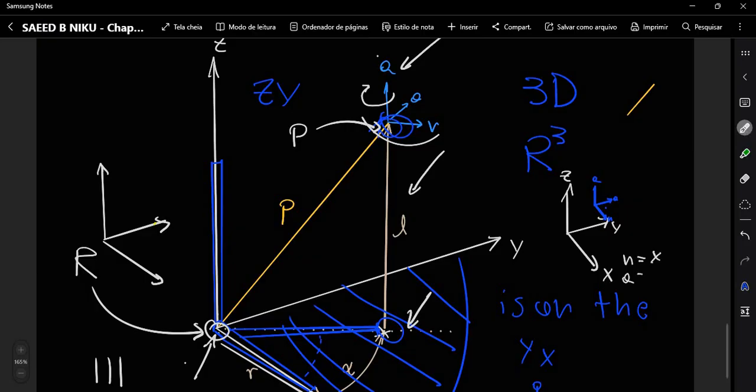The o-axis is pointing on the same direction as y, and z on the same direction as a.